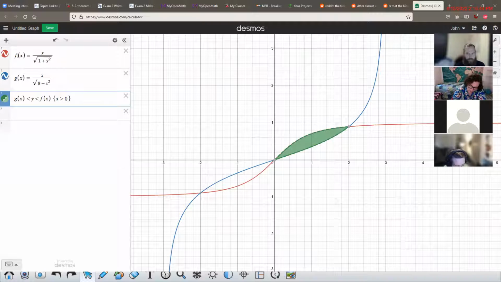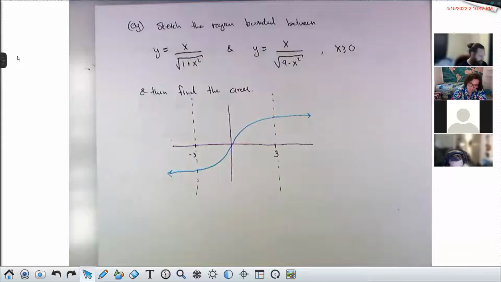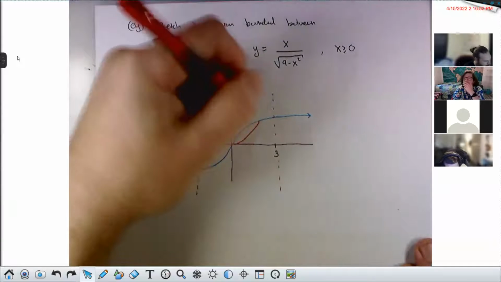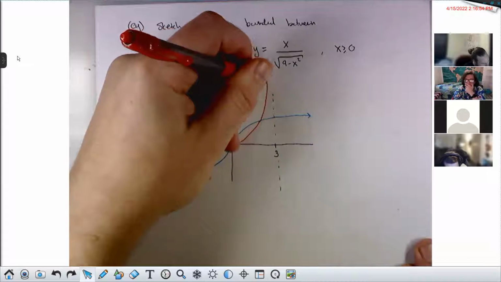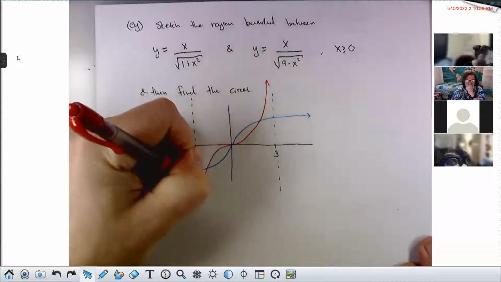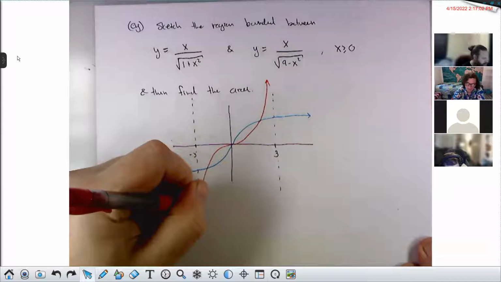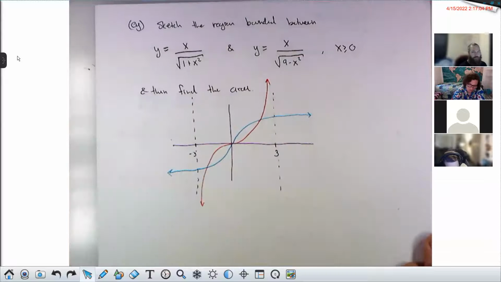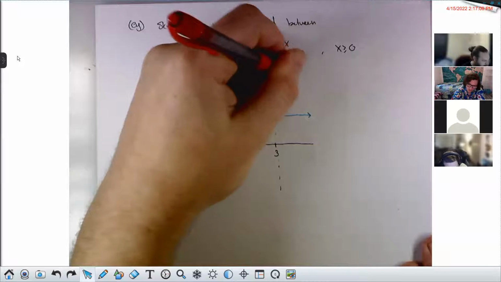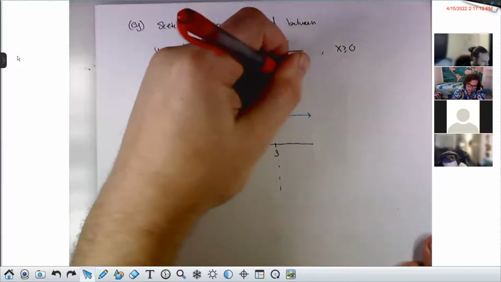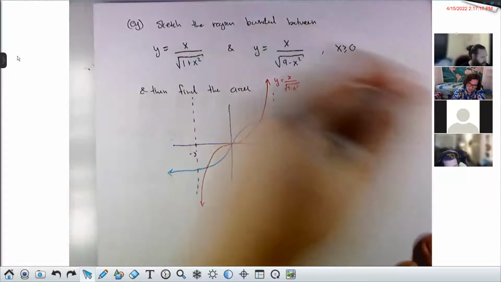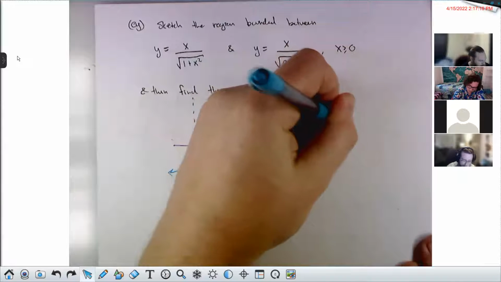We can take a quick peek back over here. And I'll draw him in red. He looks something like this. So this is y equals x over the square root of 9 minus x squared. And this is y equals x over the square root of 1 plus x squared.